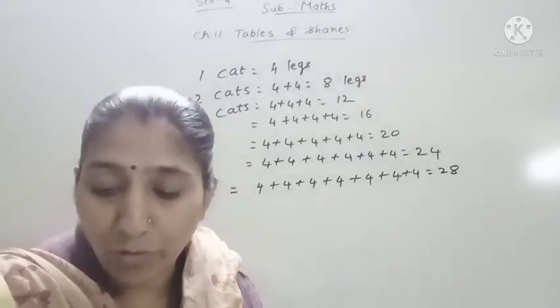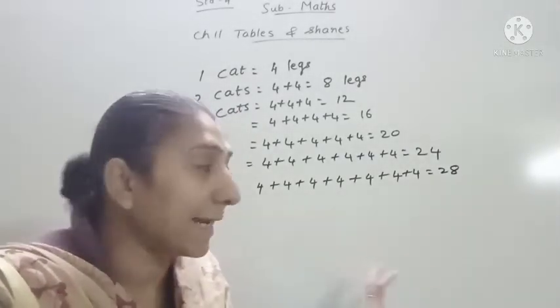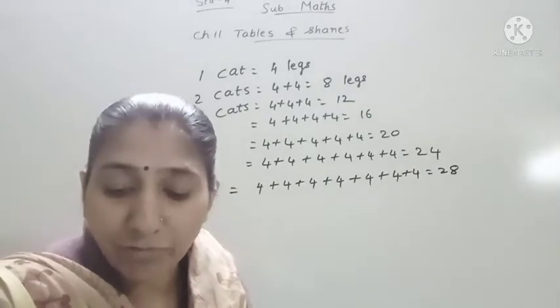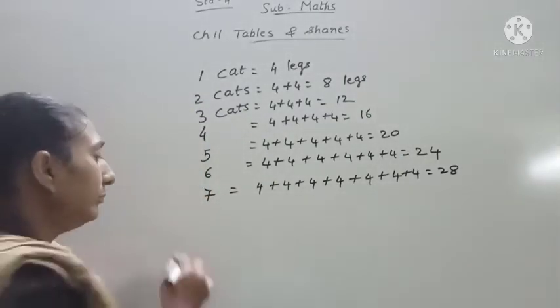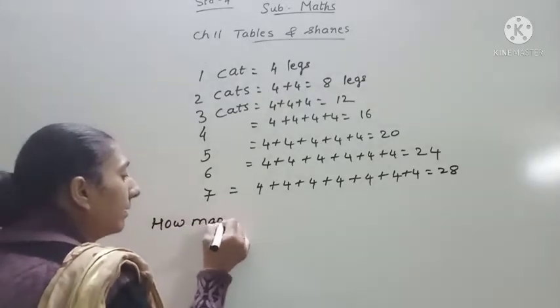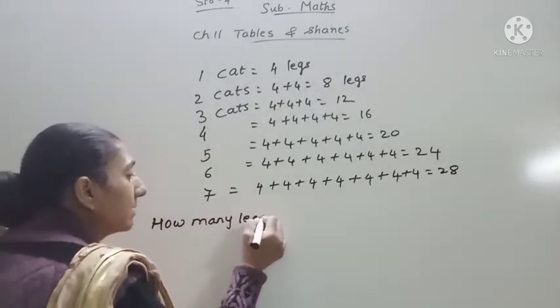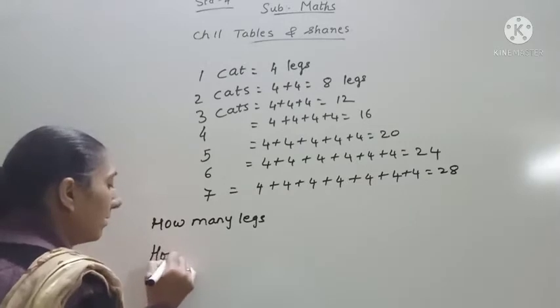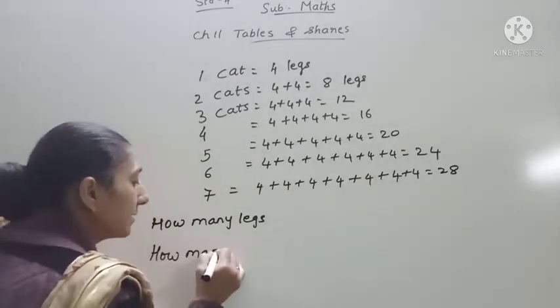Then fill up the table. 1, 2, 3, 4, 5, 6, 7, 8 cats. And up we have to write the number. How many legs? How many cats?